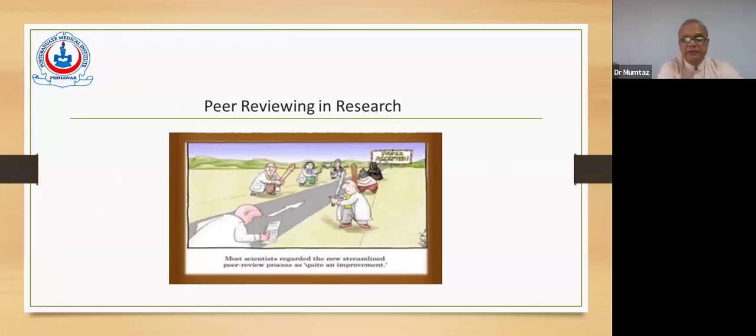This picture or sketch is a very famous one. You might have seen it many times in many places. There is a gentleman with a bundle of papers in his hand, walking fast along a road. But there are some people who seem to be aggressive towards him and want to stop him or something like that.